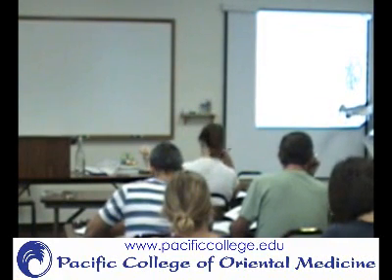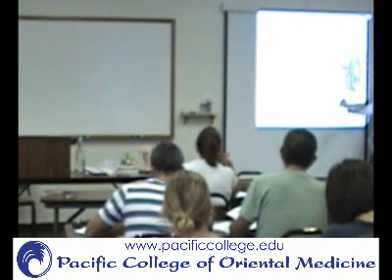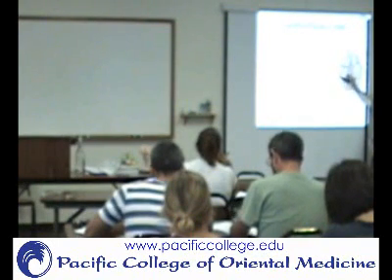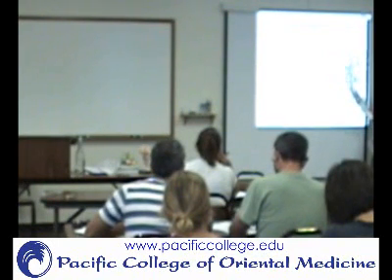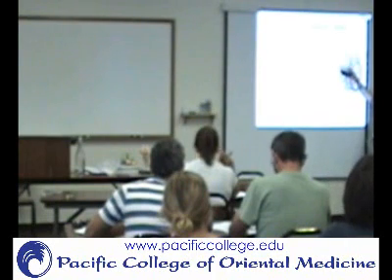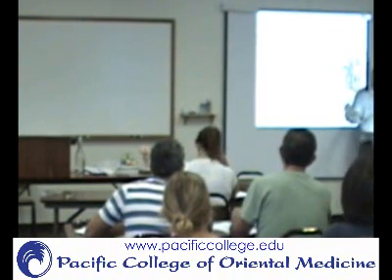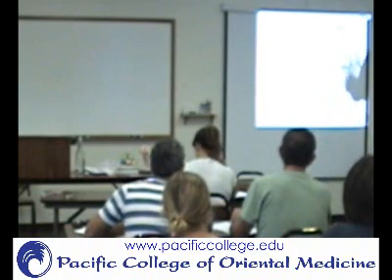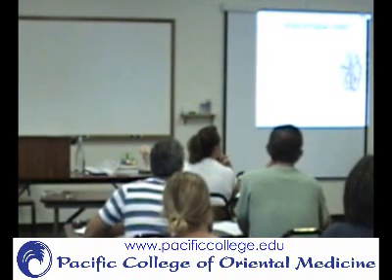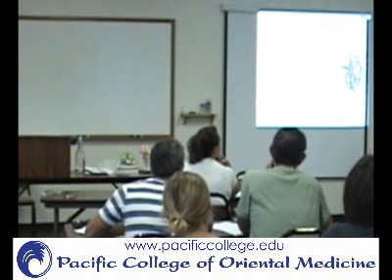And then that's going to become the posterior cerebral artery. It's going to go back here. And this is where the circle of Willis is in here. If you follow this up, here's the basilar artery, and then it comes back here into the posterior cerebral.